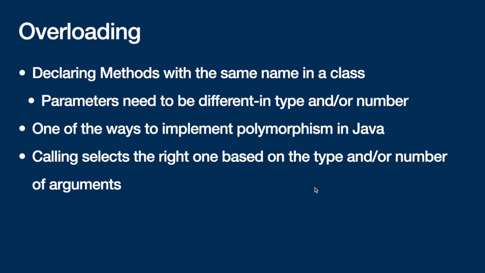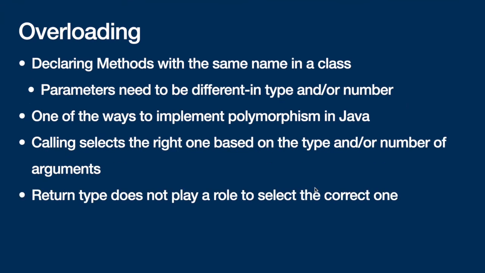And as we have discussed, when we call the method, the appropriate method is selected based on the type of the argument that we have passed or the number of arguments that we have passed, depending on the definition of the method in the class.